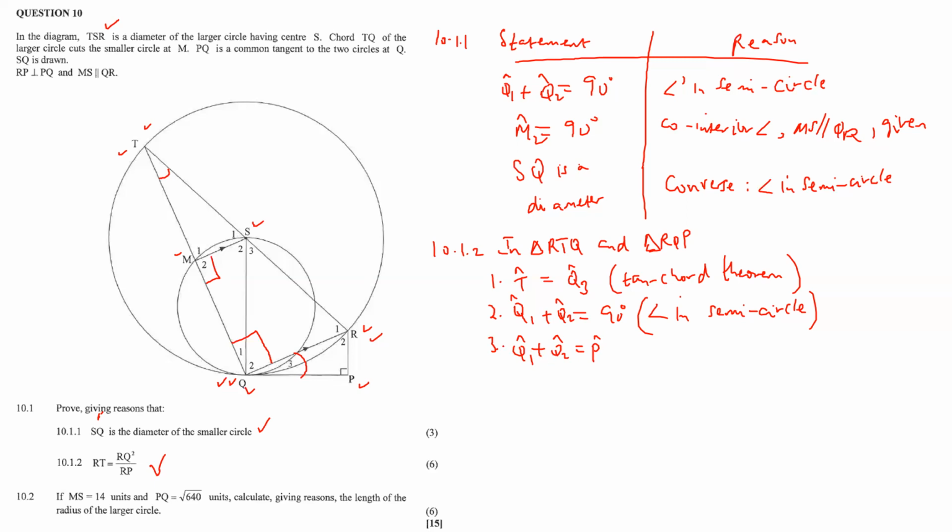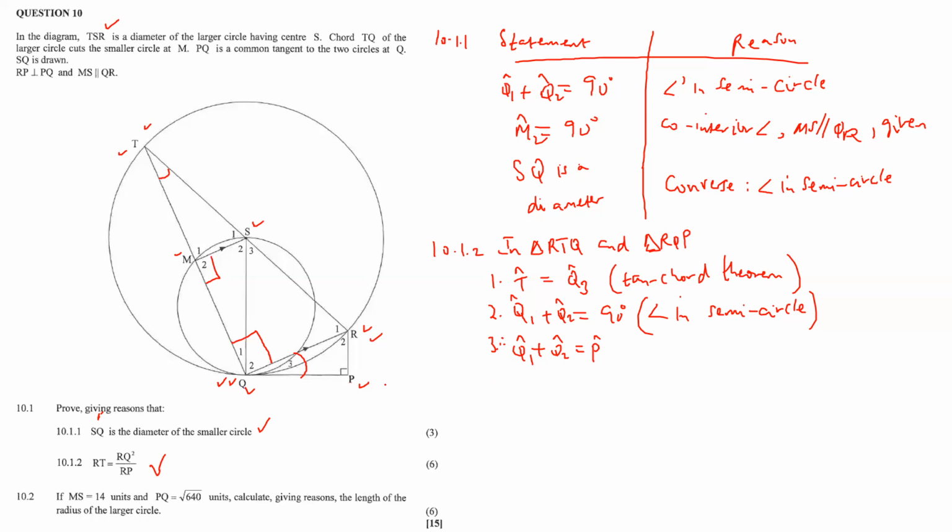So we make the observation that angle Q1 plus angle P is equal to 90 degrees, because they are both equal to 90 degrees.